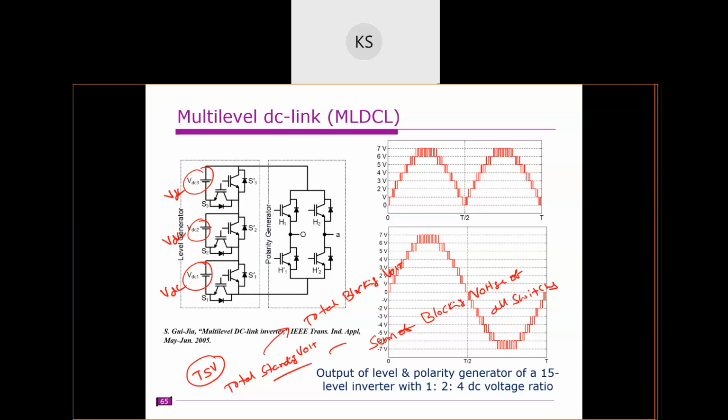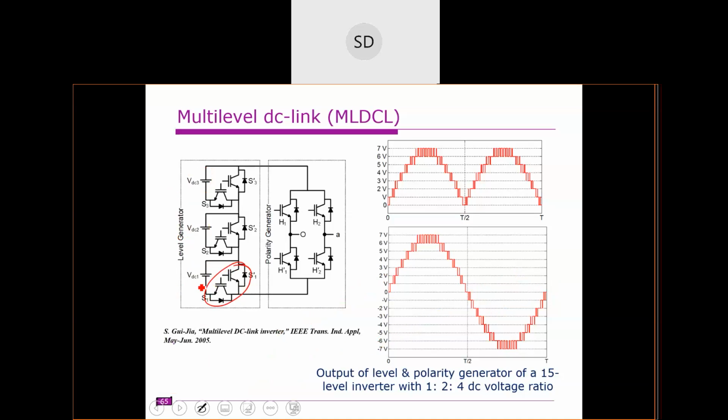Total standing voltage means it includes all the switching devices, right? So these two switches, what is their blocking voltage? This is VDC, right? This is also VDC, this is VDC, this is VDC, this is VDC, right? The total is 6 VDC. Agree? In the level generator, it is 6 VDC, right? Agree?